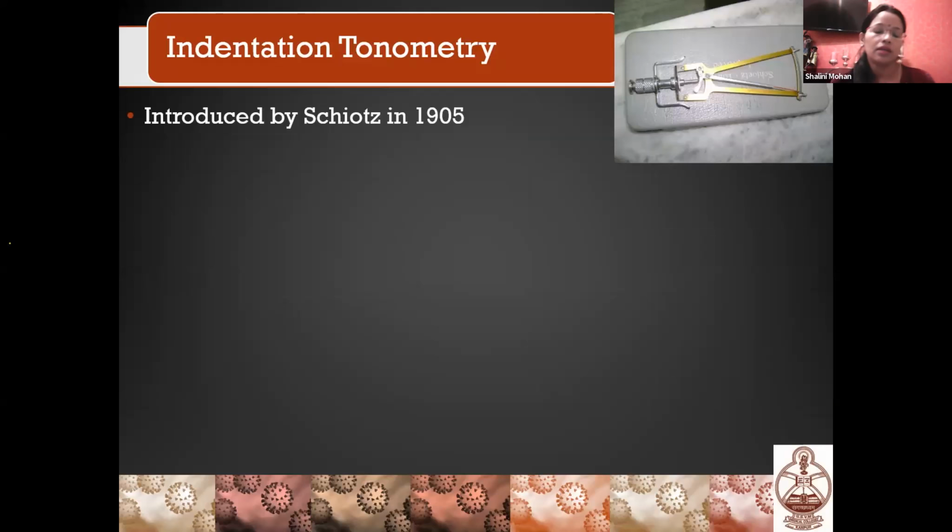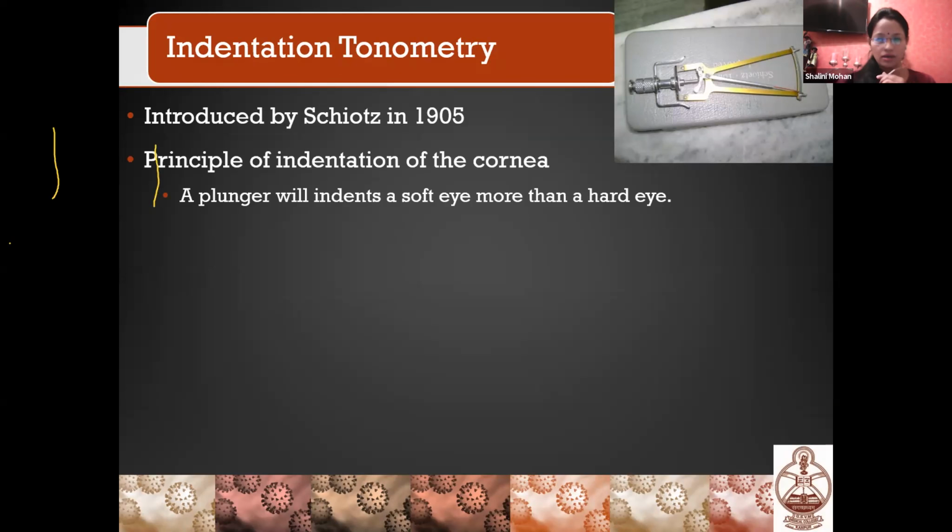Now coming to another important tonometry, which is indentation tonometry. This was introduced by Schiotz in 1905. I would request that you not touch the screen, otherwise these lines appear on the screen. Thank you.